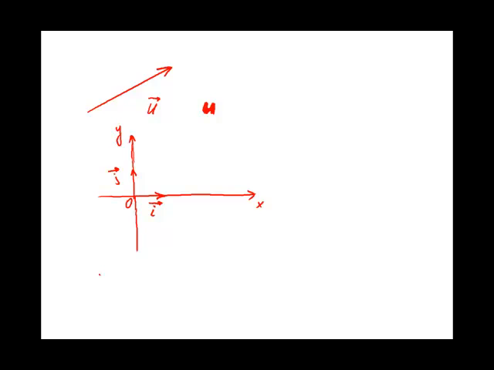The length of any vector is shown like this, u modulus. This means the length of the vector u. The length of the vector i is 1, and the length of vector j is also 1.